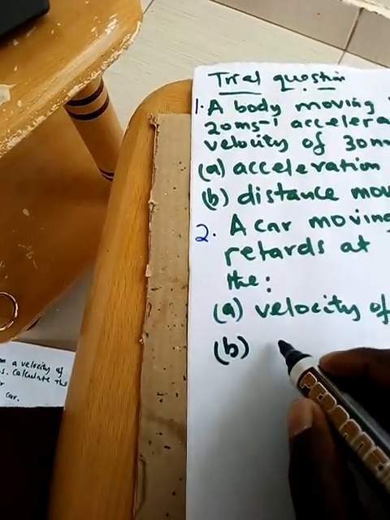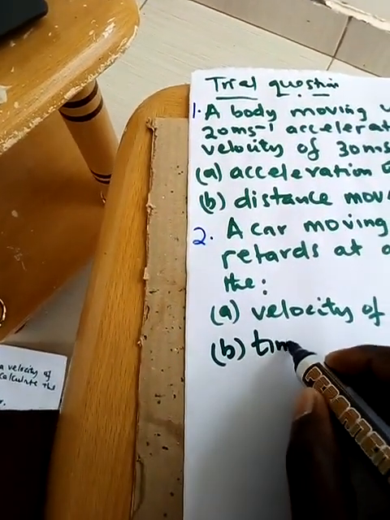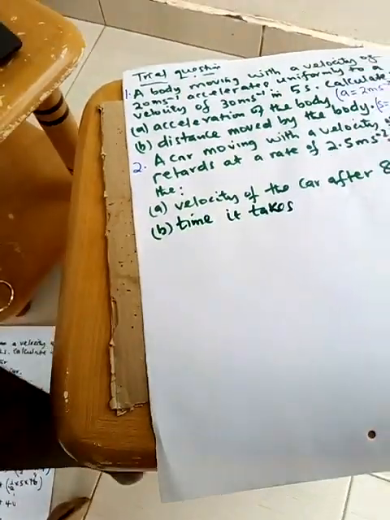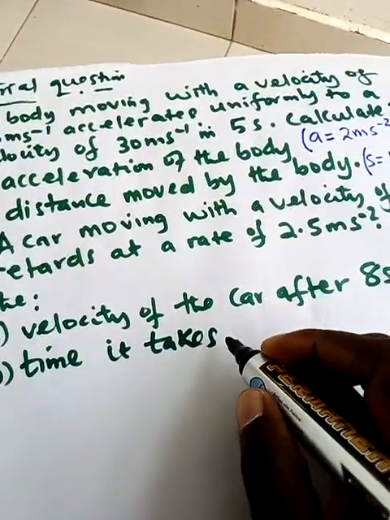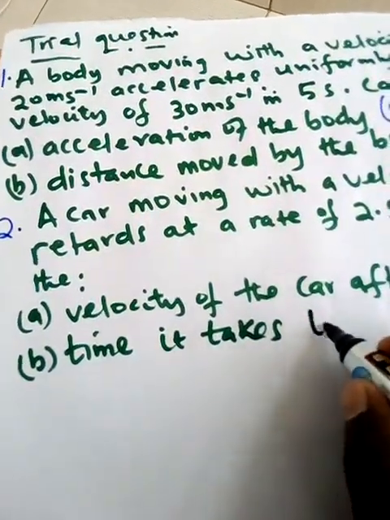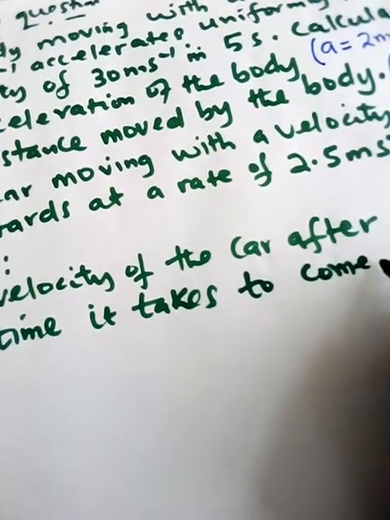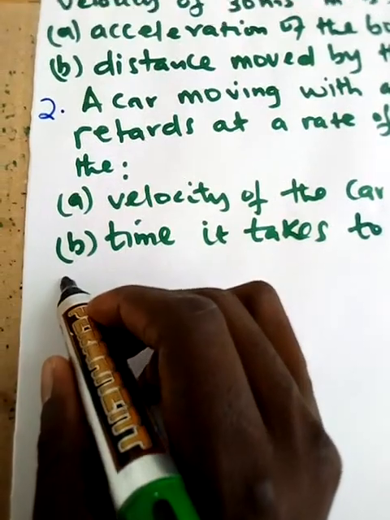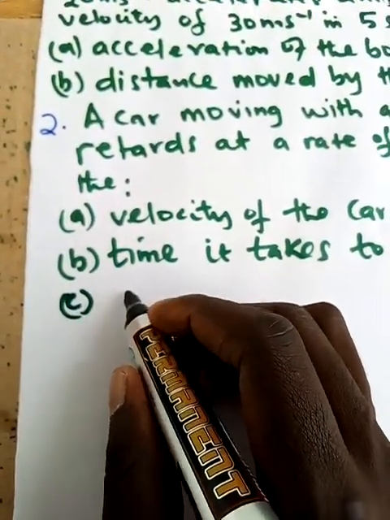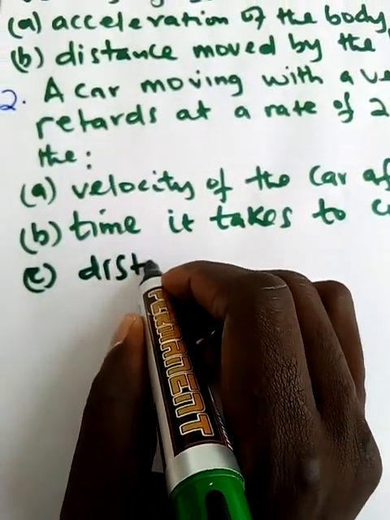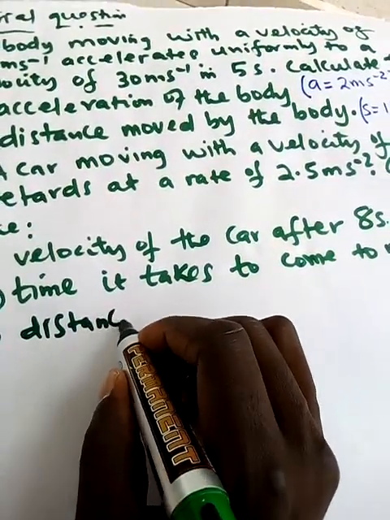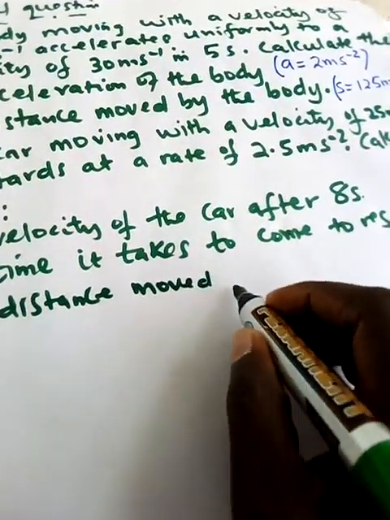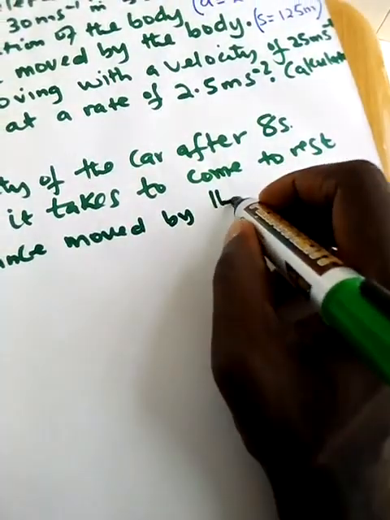Part B, the time it takes to come to rest. Then part C, the distance moved by the car.